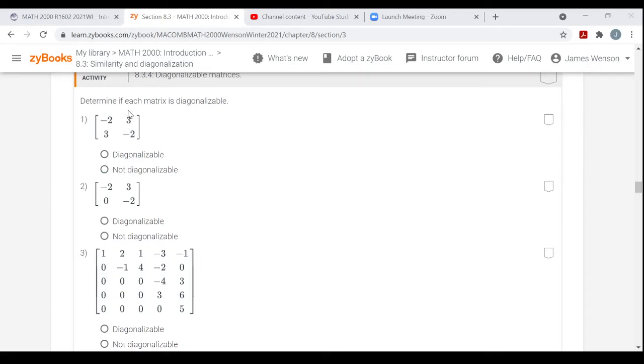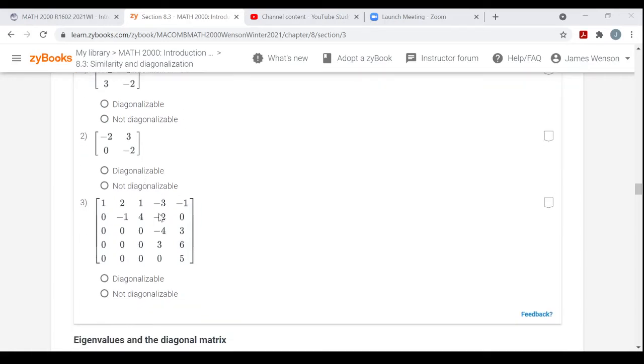There's another 2x2. They're asking you again, is it diagonalizable or not? Same thing here. Now this one's an easy one. It's an upper triangular matrix, so all the eigenvalues are down the main diagonal. 1, -1, 0, 3, and 5 are the eigenvalues. And they're all different. They all have an algebraic multiplicity of 1.